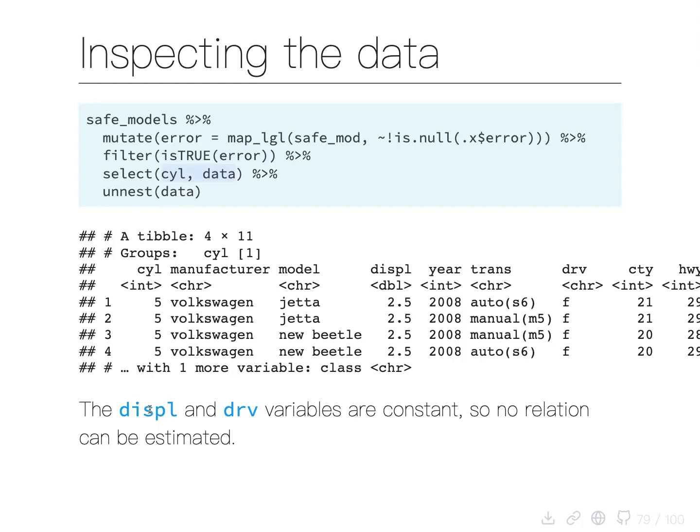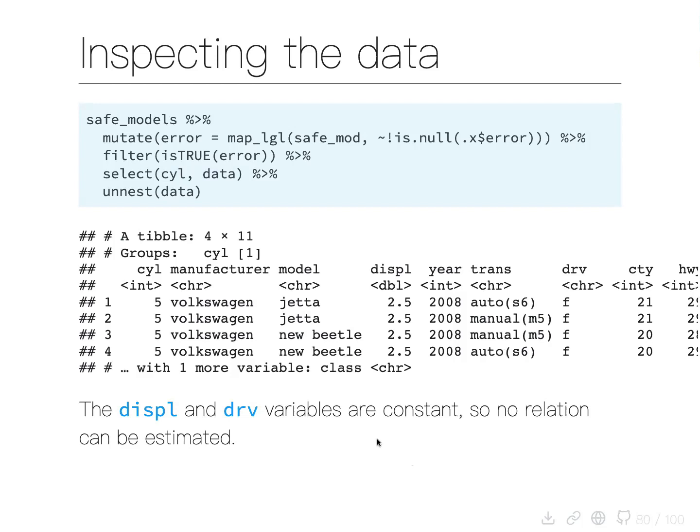The DISPL column and drive, this one, are constant. This is F for all of them, and this is 2.5 for all of them. So basically, we're saying, how does the number 1 relate to my gas mileage? It can't figure it out because there's no variability there. There's no variance, so the model fails.